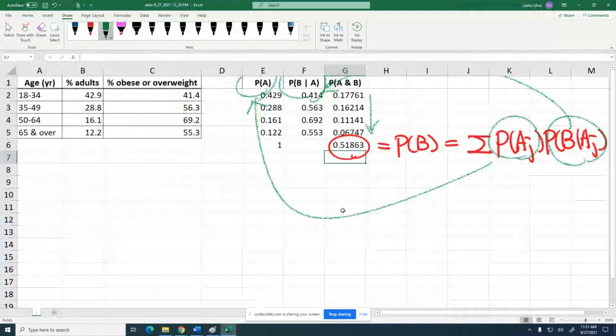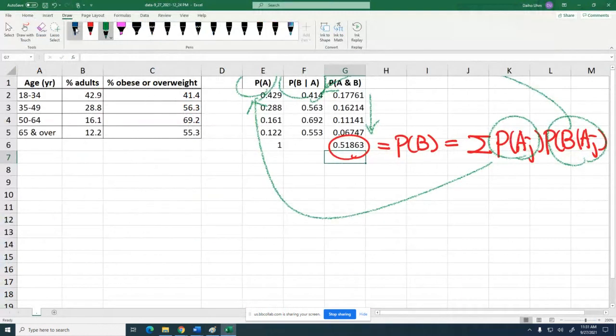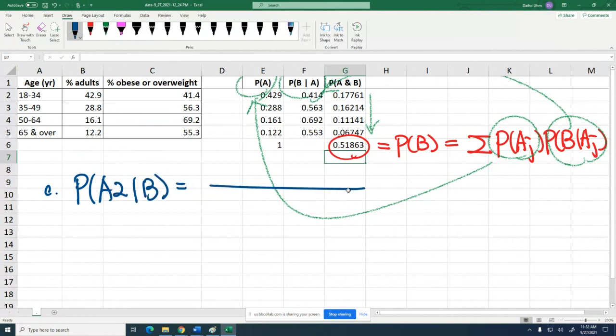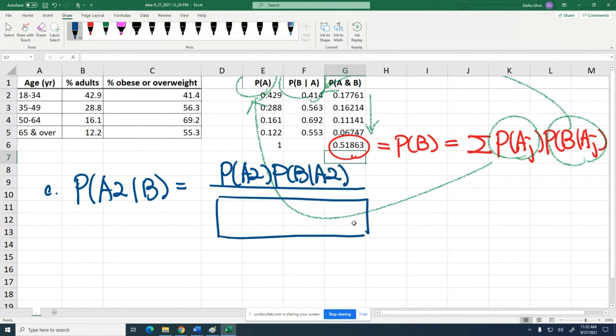So now let me go back to the problem. In part C, we need the conditional probability. It's actually the switched conditional probability, A2 given B. And now we need the Bayes rule. We apply the Bayes rule: the probability of A2 times B given A2, but in the denominator we need the sum. But who was that sum?